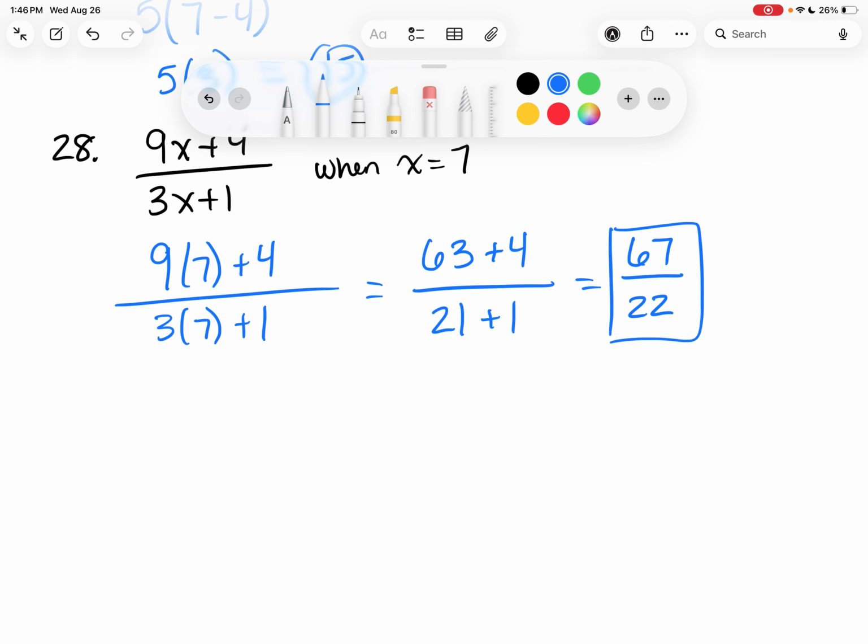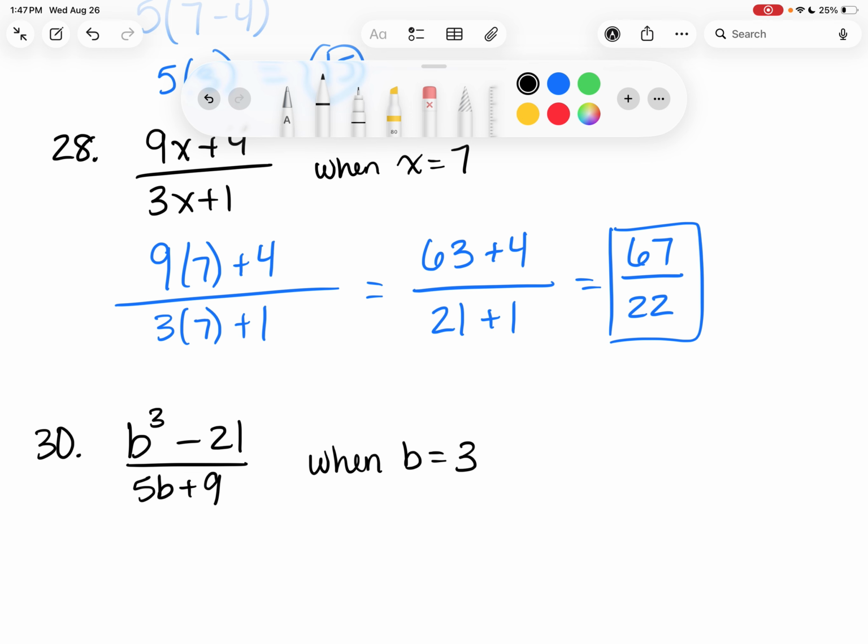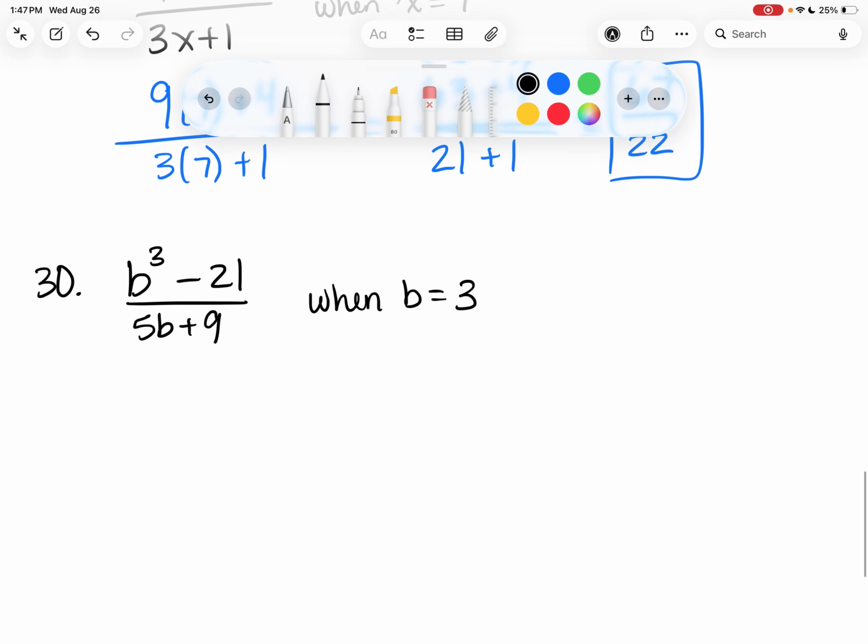One more. 30. b cubed minus 21 over 5b plus 9 when b equals 3. Let's do this. Y'all do this one on your own as well.